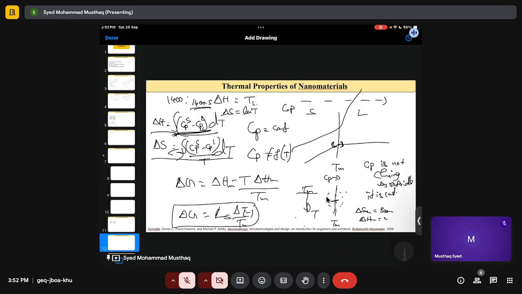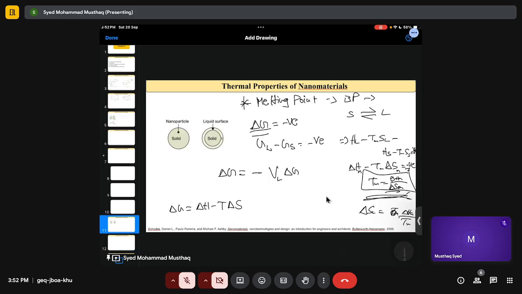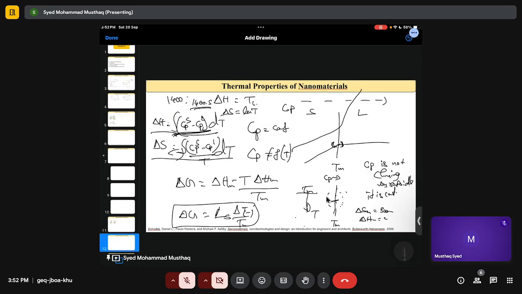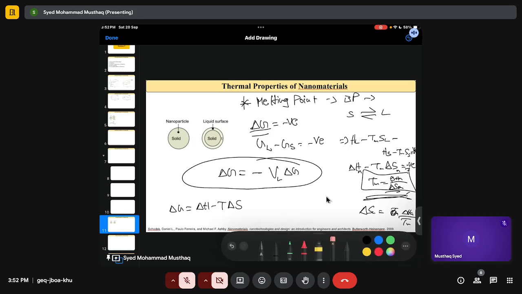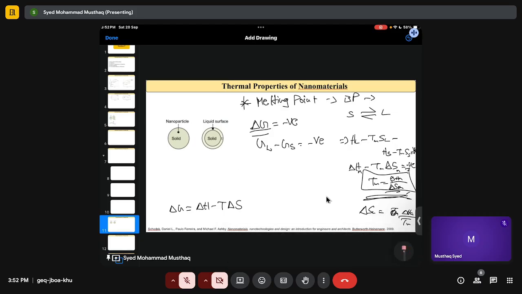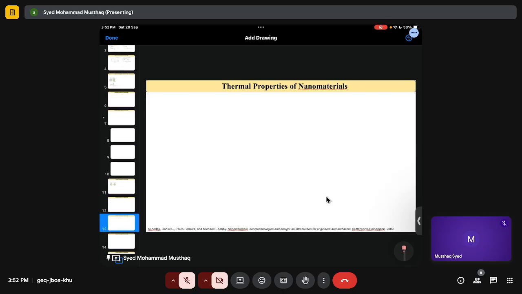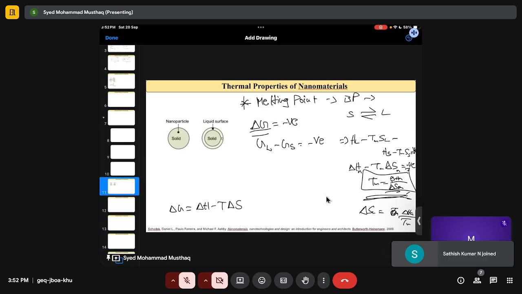All right, so now let's continue writing this. Let's not write this here. Now, my delta G will be equal to minus the volume of liquid times delta GV.